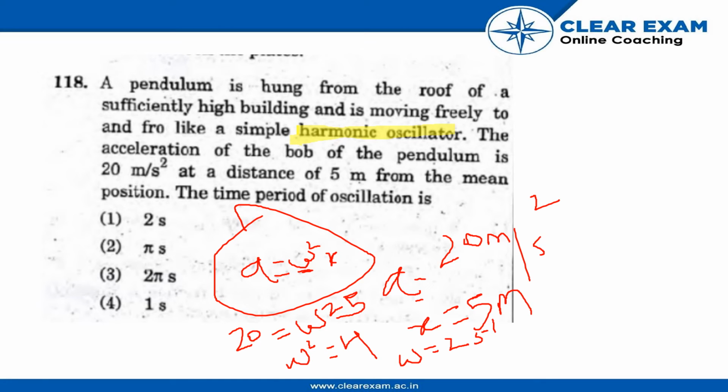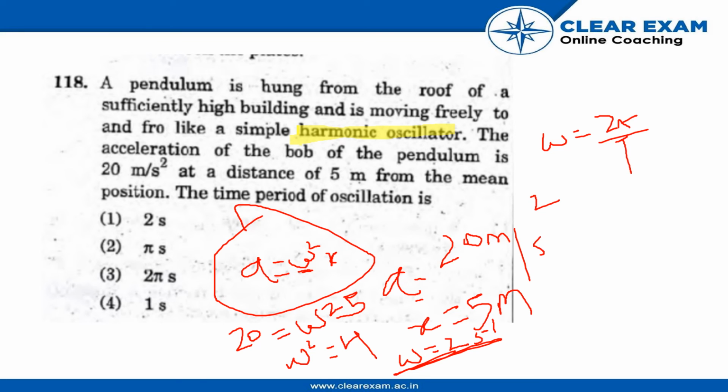So as we got the value of angular frequency, now let us use the formula omega equal to 2 pi by T, because we need to find the time period of the oscillation.